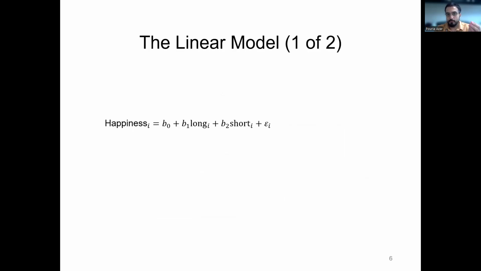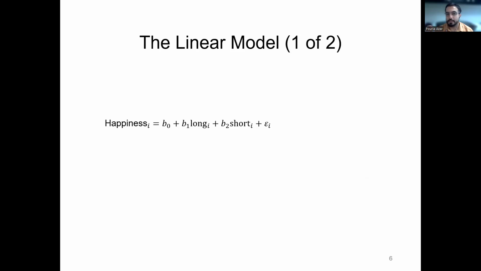That's why we have a linear model for our research question. Happiness is our dependent variable, so imagine it as the y variable.